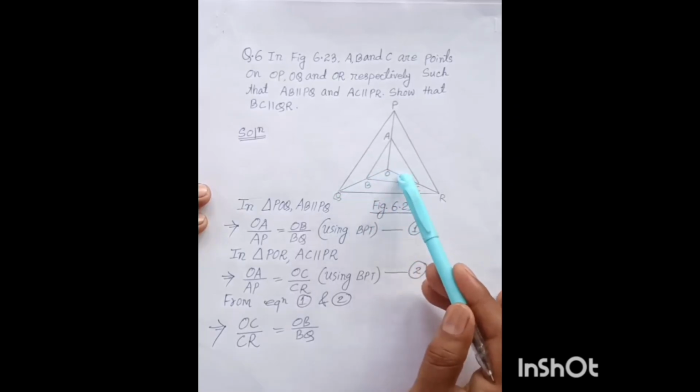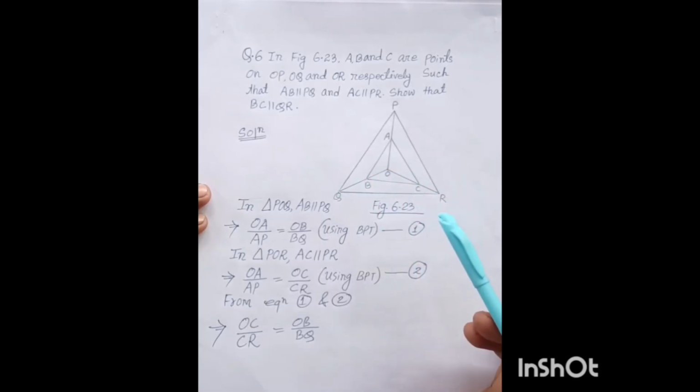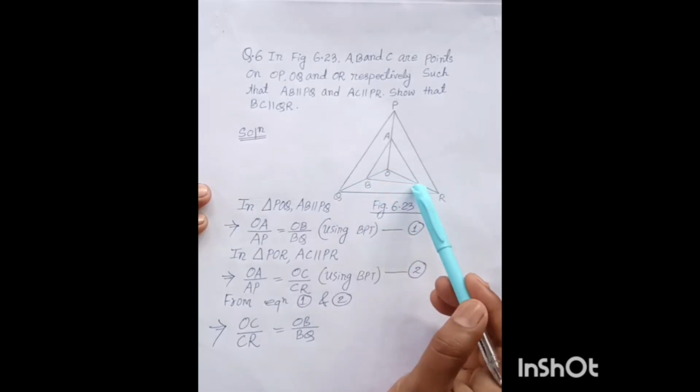If these two side ratios are equal with each other, then BC is parallel with QR. This is the converse of Thales theorem. Therefore, BC is parallel to QR. Hence shown.